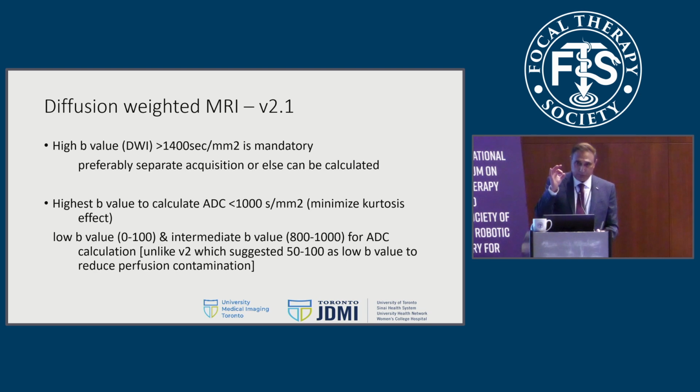So you put your cursor there, and you'll know what the ADC value is. The ADC map should be generated with lower B values, and it's important that your radiologists are following that at your site. It has to be less than 1,000 that you're using for ADC map generation. Otherwise, there's going to be a perfusion effect, and you will not get a good correlate between the high B value and the ADC map. So lower B values for generating an ADC map, and when you're looking at the diffusion-weighted image, you want to look at over 1,400 and make sure that you're looking at the high B value image.